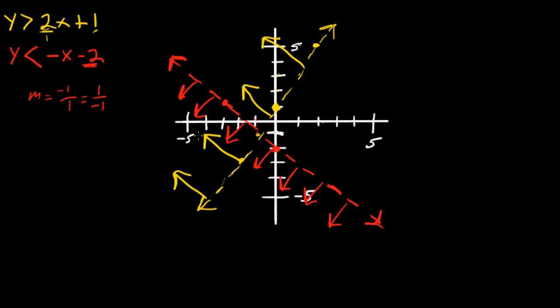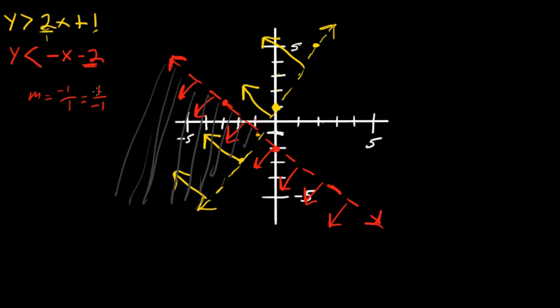But here I have solutions to the yellow and solutions to the red. So here are my solutions. Here's my shading, so to speak. Right here. Here's where all my solutions are. Forever and ever this way, okay? With this line as a boundary and that line as a boundary. Right? And so there's my solution set.